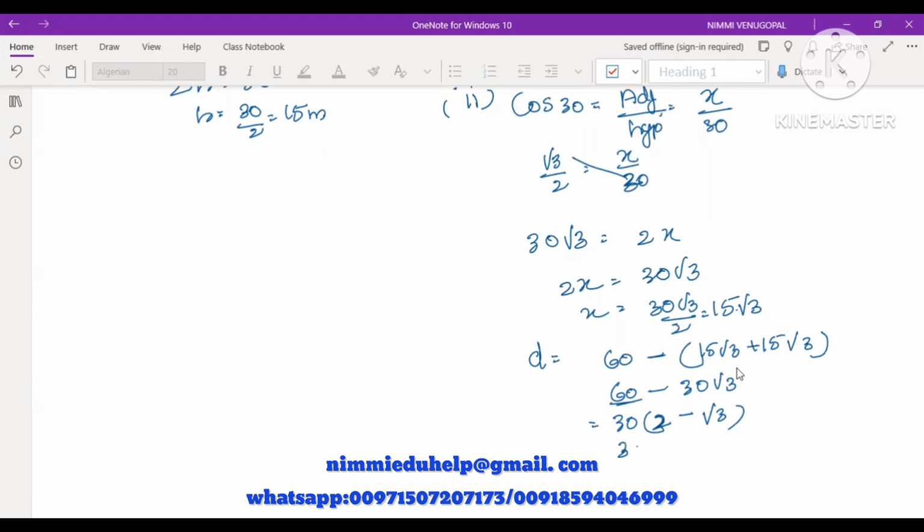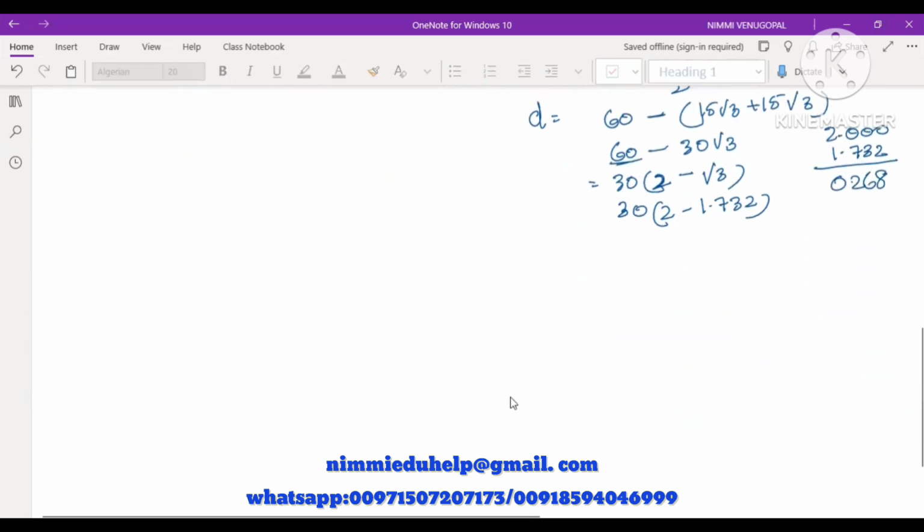We know that root 3 is equal to 1.732. So we have to subtract 1.732 from 2. While writing the decimal part, take care to write decimal under decimal. You will get D is equal to 0.268 into 30.